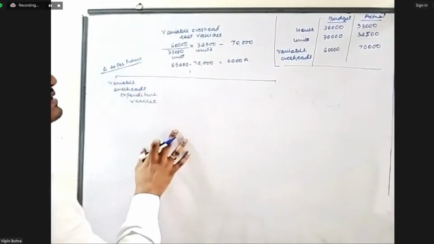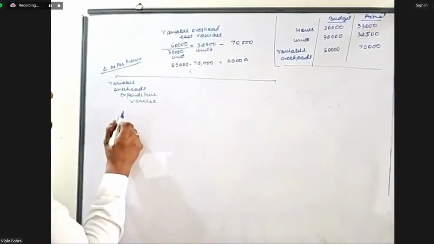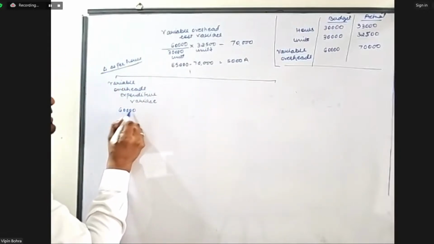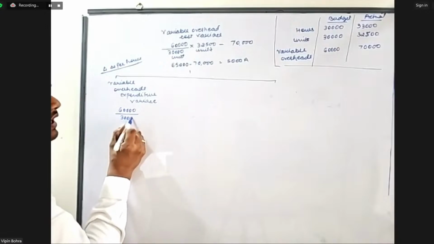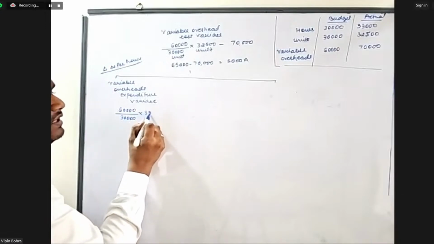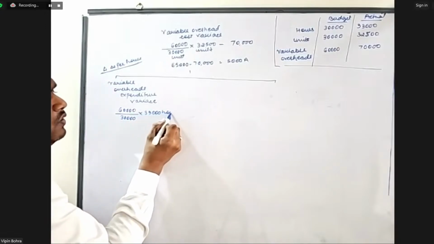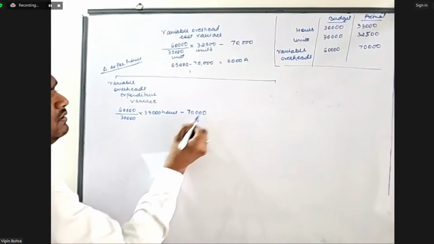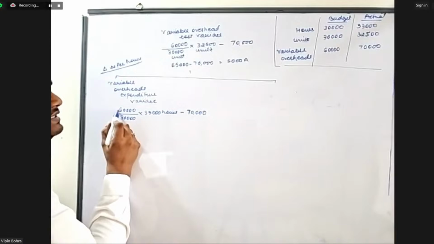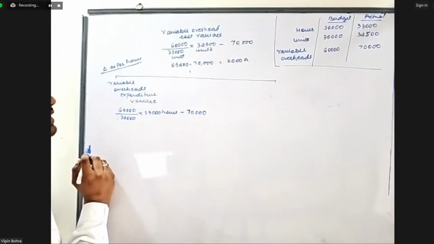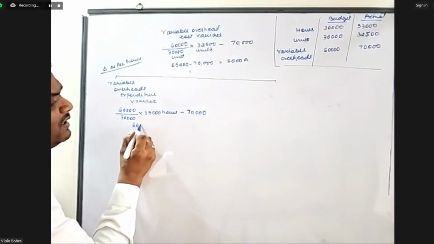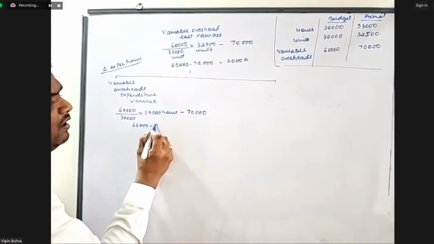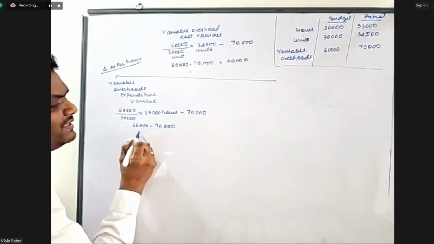So herein we will be considering the hours also. So very important, guys, and very simple, 60,000 overheads for 30,000 hours. So for 33,000 hours, how much should be my overheads? 66,000, minus my actual overheads, that is 70,000.